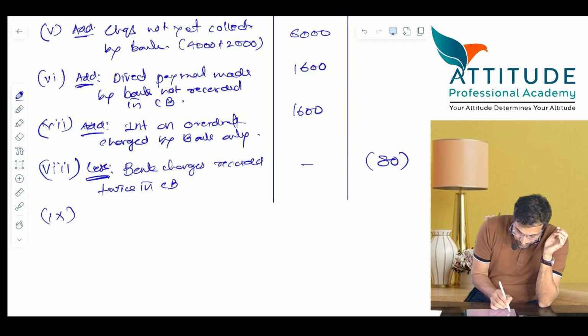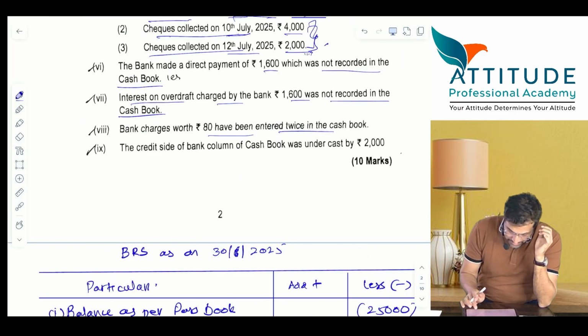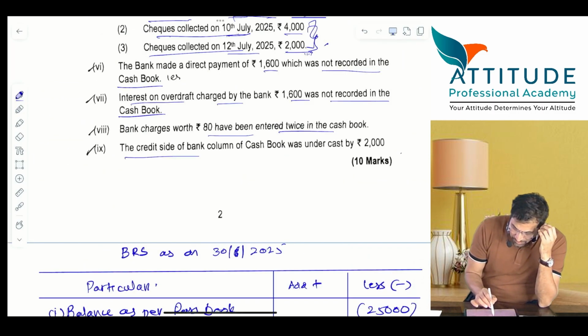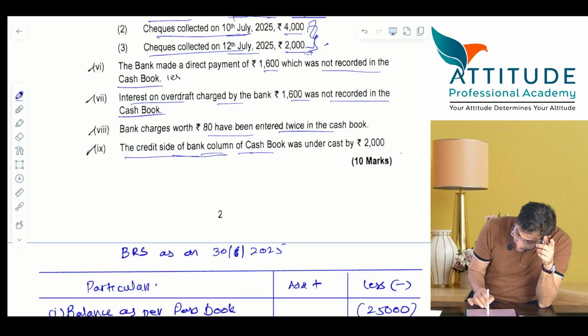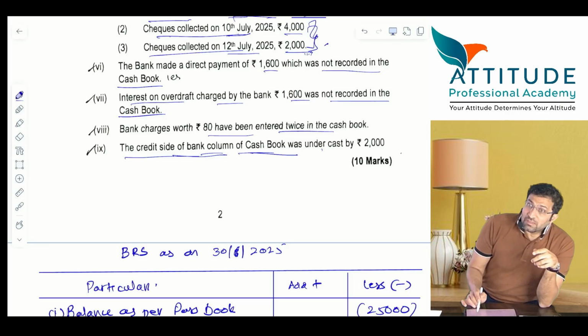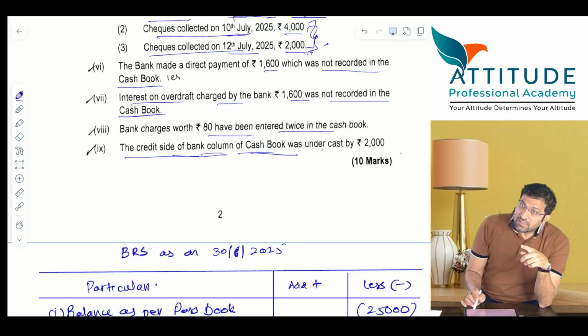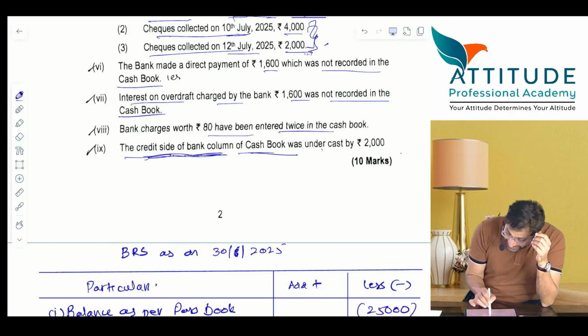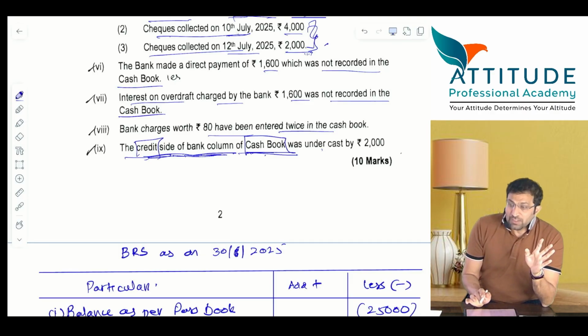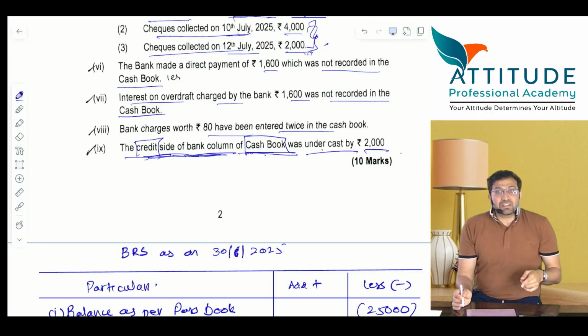9th. चलो 9th. Credit side of the bank column of cash book. Credit side of the bank column of cash book means what? Cash book का credit side is receipt side or payment side? Payment. Cash book the credit side is always payment, and payment is undercast by how much? 2000.